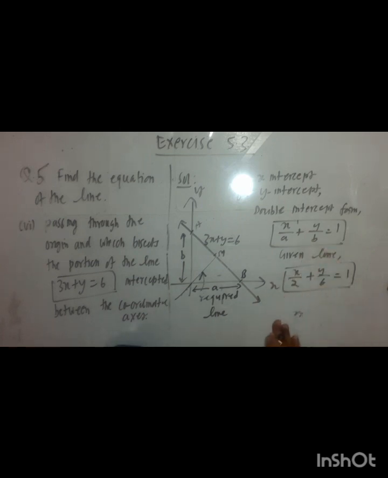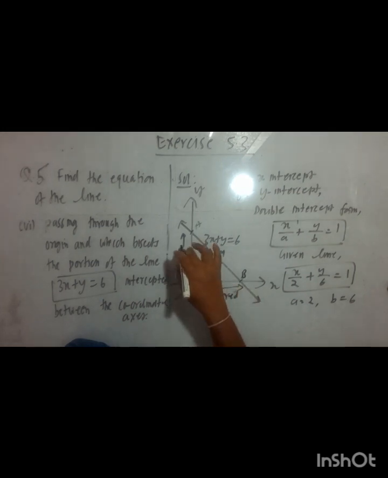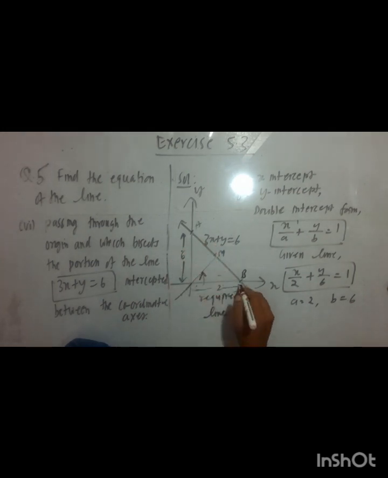So if that is the double intercept form, then your A will be 2 and B will be 6, right? A is 2 means here, this is 2, and this will be 6. Now what will be this point?